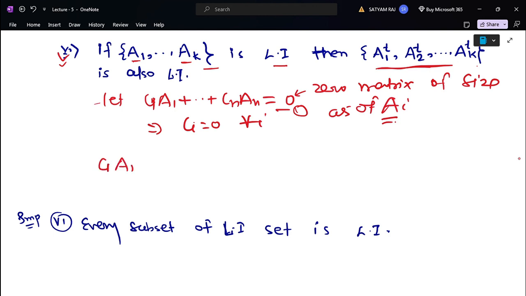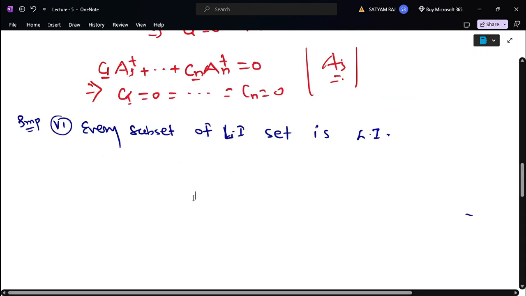C1 A1 transpose plus dot dot dot Cn An transpose will be 0, and we know that the Ci's, C1 to Cn, are the same as C1 to Cn. If this is the zero vector, so we can write C1 equal to 0 equal to Cn.